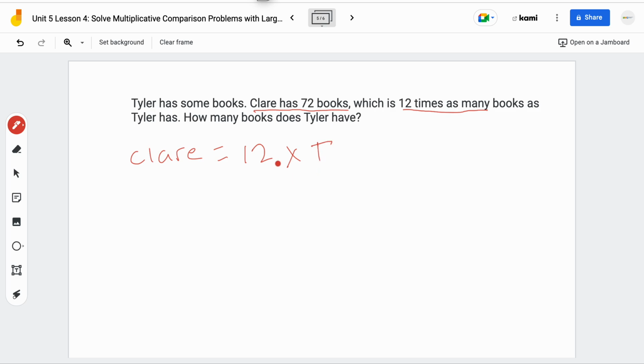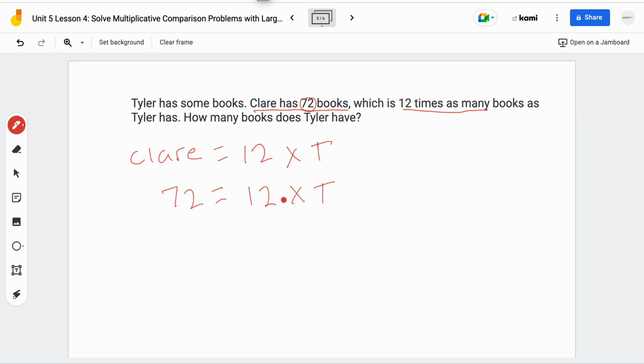Let's say T for Tyler. Okay, so I know that Claire is this number here, 72 books. So Claire has 72 books. So we can say that 72 equals 12 times Tyler. Remember, 12 times as many books as Tyler has.